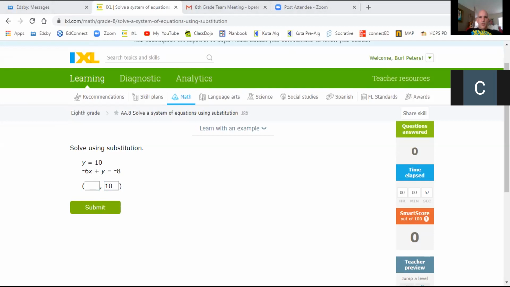All right, the one thing I want to point out on this is all that we looked at in our notes and the practice from Monday was things in slope-intercept form. Well, this is not in slope-intercept form, the second equation. That second equation is in standard form. So we want to talk about how to use that as well. All right, so let me switch over to the whiteboard here.